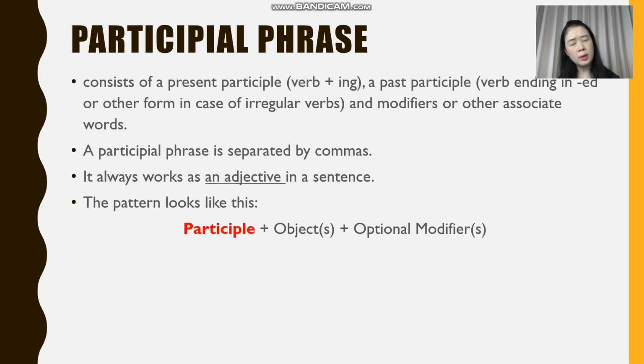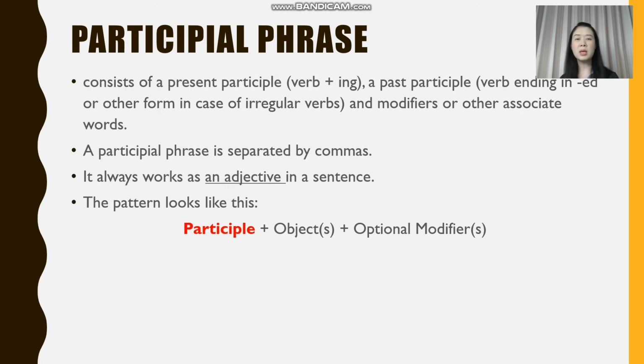How does the participial phrase look? You need to think about the present participle. Present participle is verb plus the ing suffix. And for the past participle, that is verb plus ed or some other form of the irregular verbs.